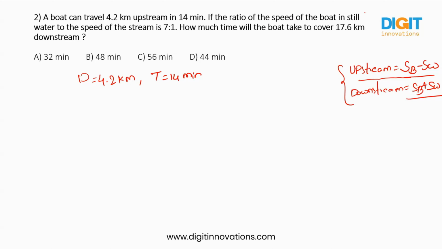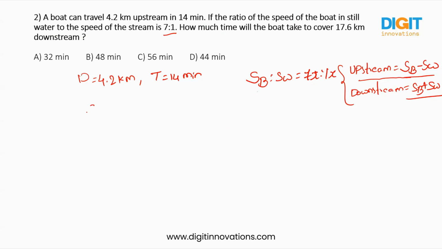If the ratio of the speed of the boat in still water to the speed of the stream is 7:1, that means the speed of boat to speed of water ratio is given, which is 7x and 1x. These are the speeds of boat and water. That is not the exact value, but they are in that ratio.